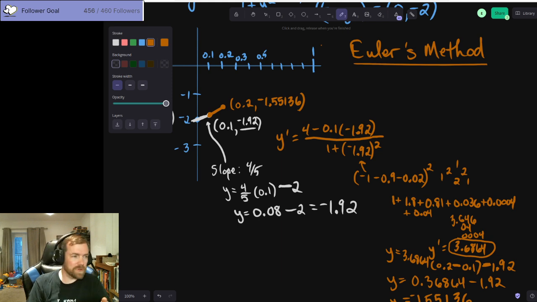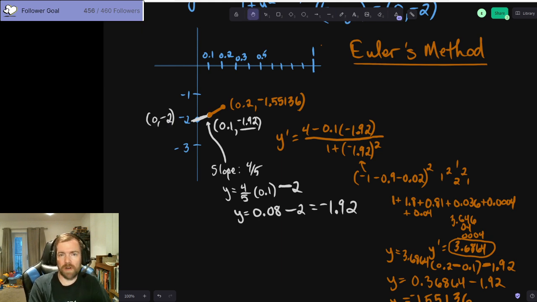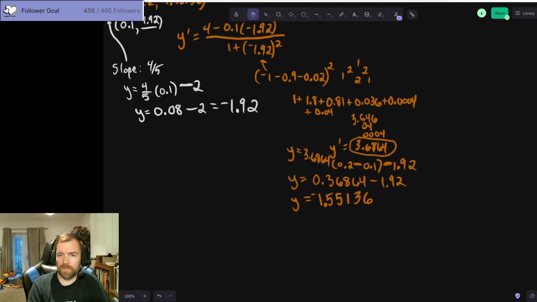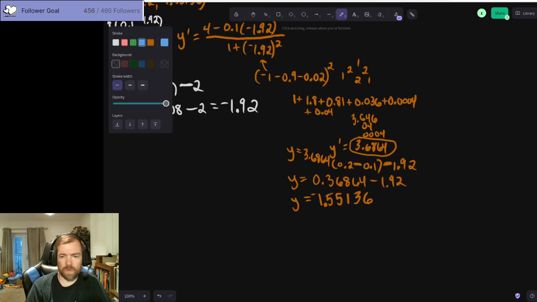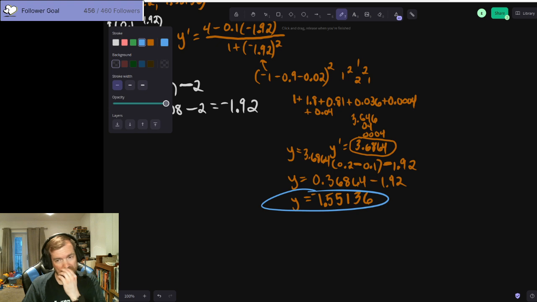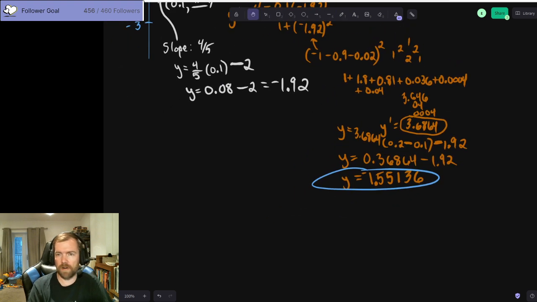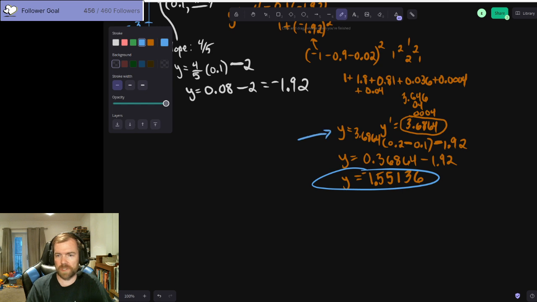What we want to do is say, all right, we're trying to solve for this y that we had down here. So where exactly did that come from? Right, that is, again, our point slope form that we used here.